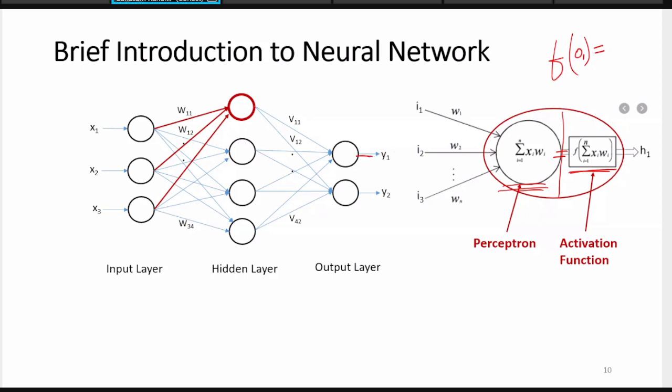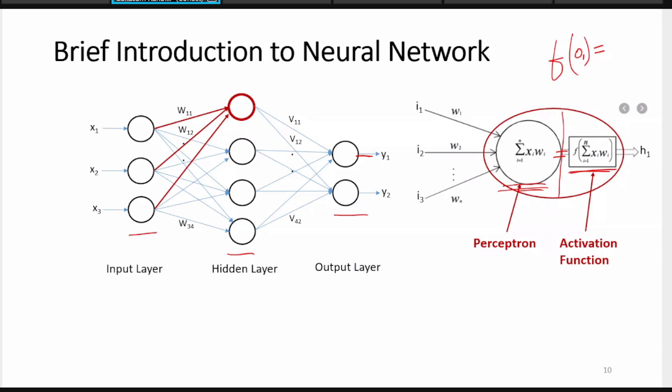So every node in this network consists of a perceptron part and an activation part, and the output of the activation function is the output of the node. Irrespective of whether the node is in the input layer, hidden layer or output layer, every node consists of a perceptron and an activation function.